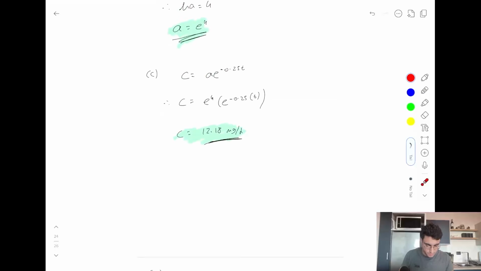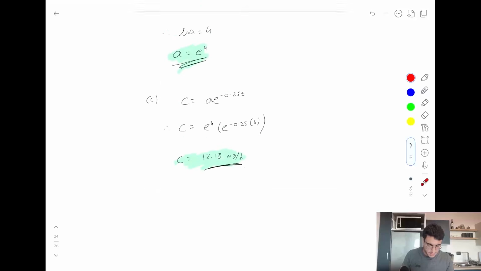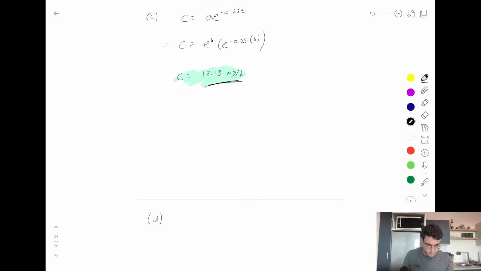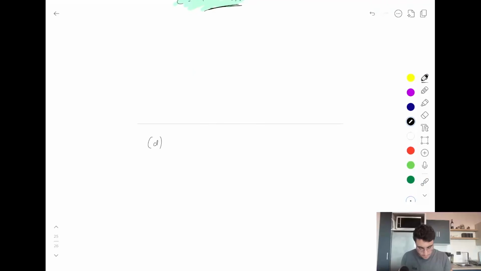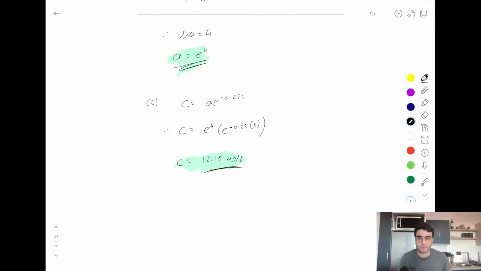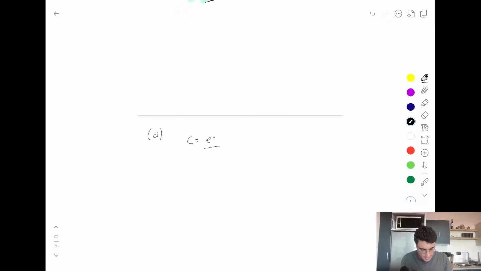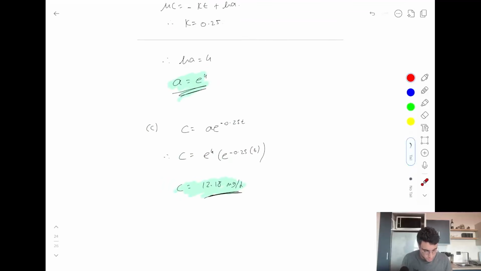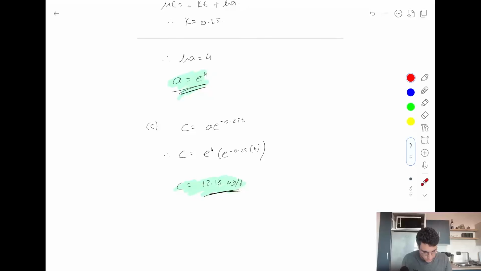Remember that our equation here, c is equal to e to the 4, and it's actually over e to the 2.5 t, because we have that negative over here.